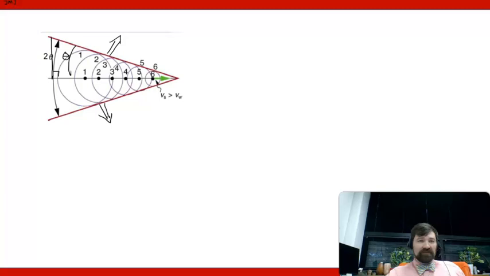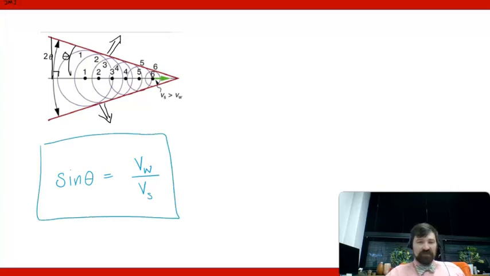And again, the relationship between them is that the sine of theta is equal to the speed of the wave divided by the speed of the source. So this is what's called the Mach angle.